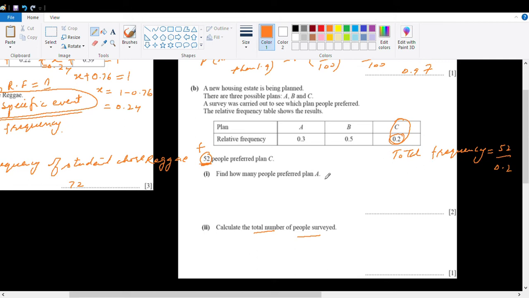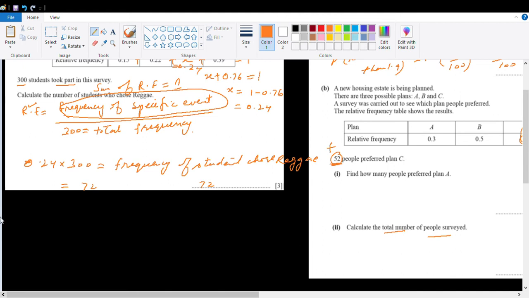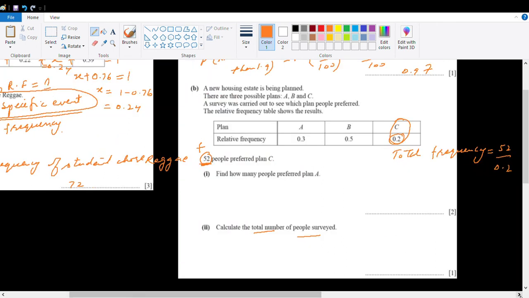If you take the total frequency from the formula and put it on the other side, you get the formula for the total frequency.